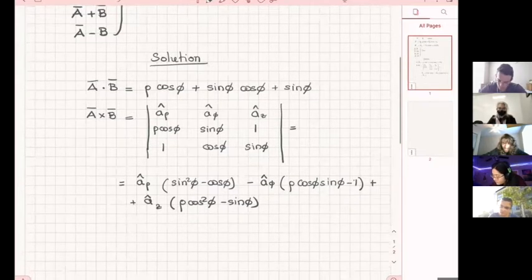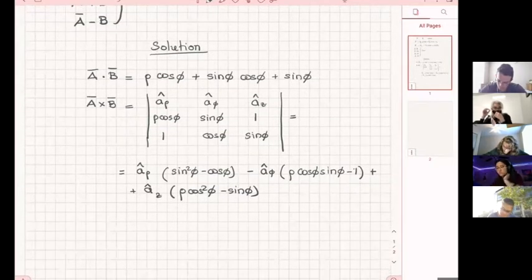Okay, that is like an implementation of the dot product, or inner product, and the cross product in cylindrical coordinates.